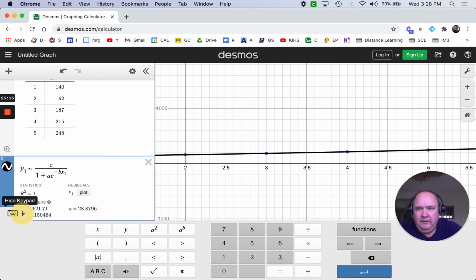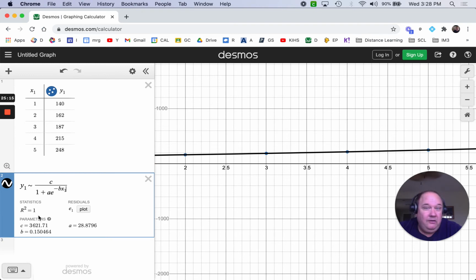So there it is. And again, can you see how r squared equals 1? So that means it matches perfectly. So that's a great model. So let's write it down. So it's f of x equals c is 3,622. That's the maximum number of catfish that would be in the lake.